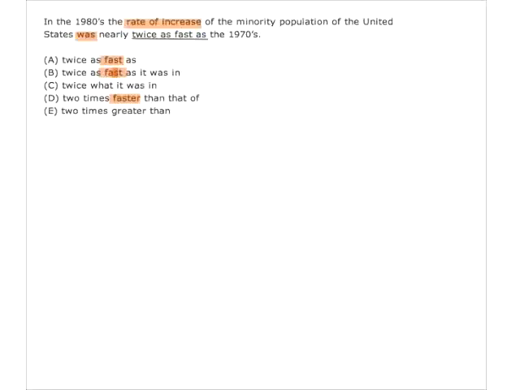It's incorrect to say the rate is faster. It's incorrect to say that a rate is fast. You either have to say the rate was greater or twice as much or twice, or just say that the population increased faster. So since you can't get rid of the word rate, you have to get rid of fast.